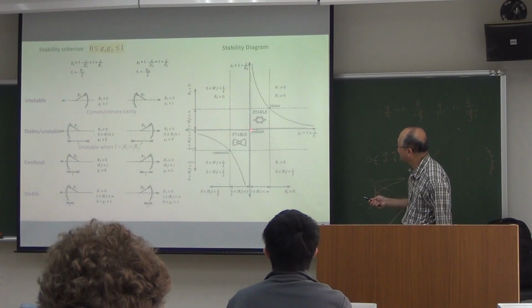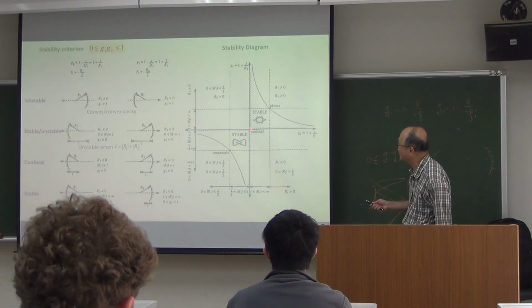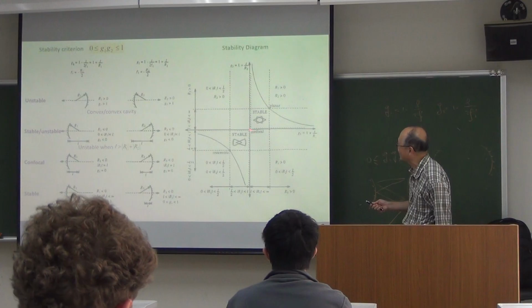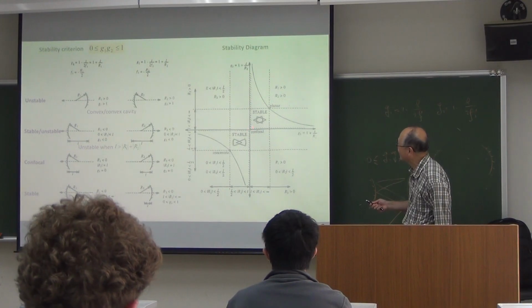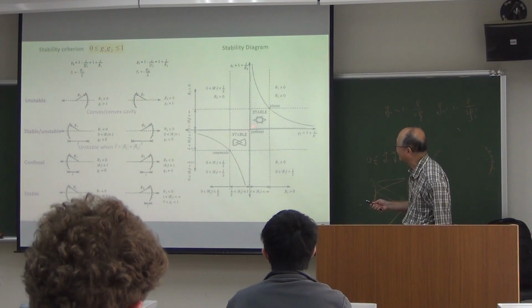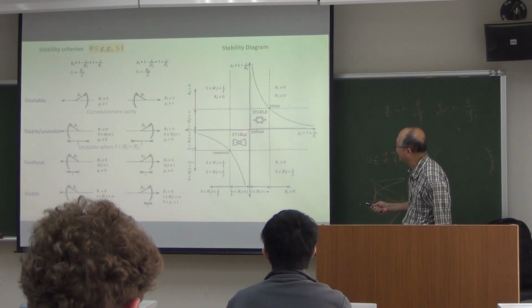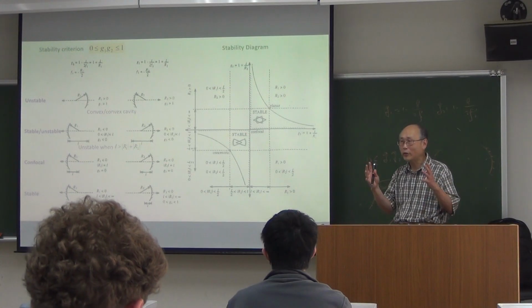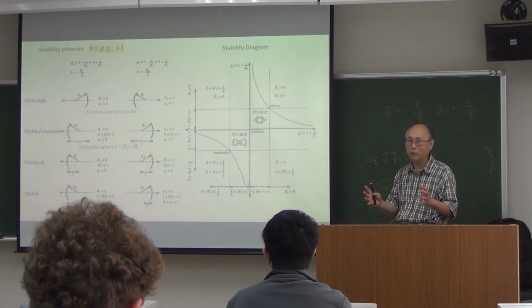So the confocal cavity sort of separates these two stable regions, and I say it's more stable relative to the planar cavity, because if you miscalculated the length of the cavity a little bit, it's likely that you'll be moving into this region or this region. So a confocal cavity, in fact, is a very stable cavity.